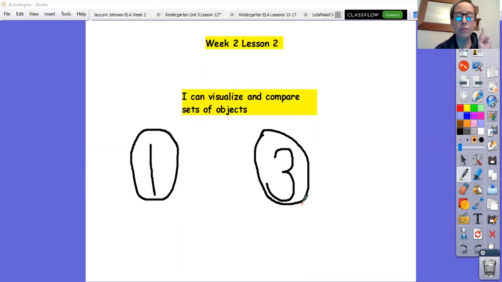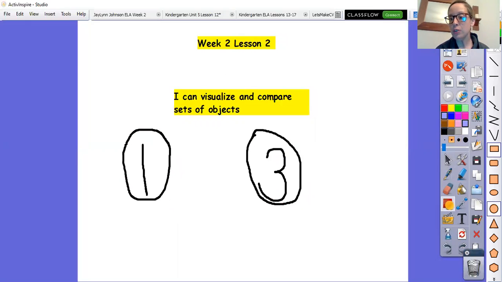So I know off the top of my head that 1 just means 1. So I'm going to draw, here are my little pretend cookies. So here's 1. This is kind of like what was going on in my head. And here's 3. Here's my 3 cookies. 1, 2, 3.